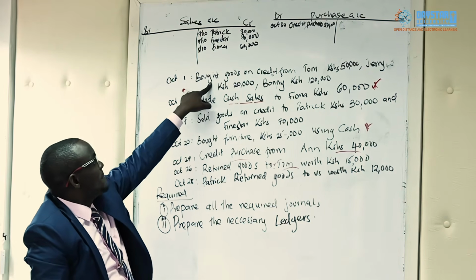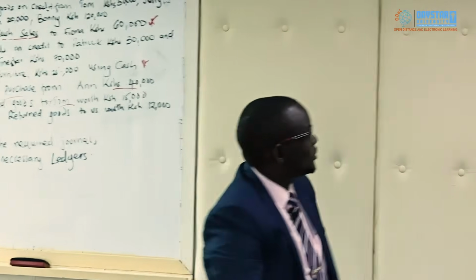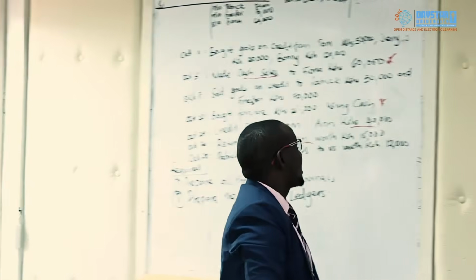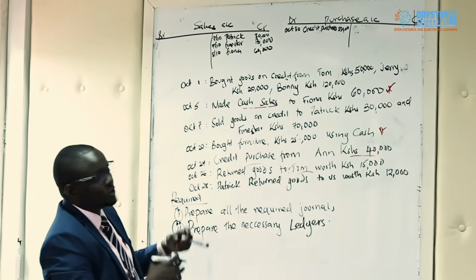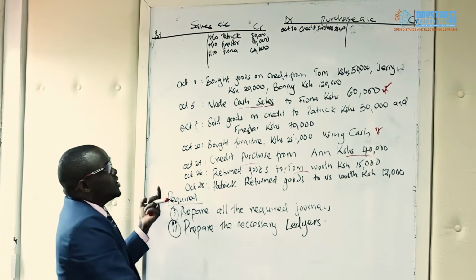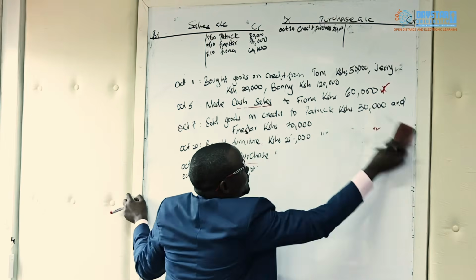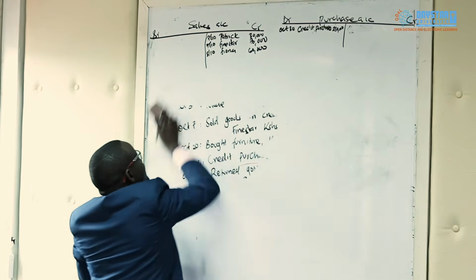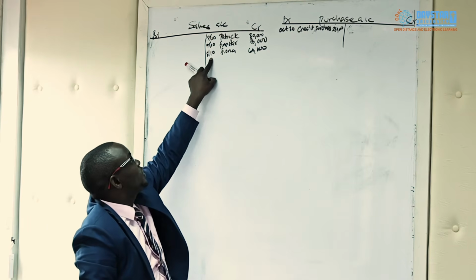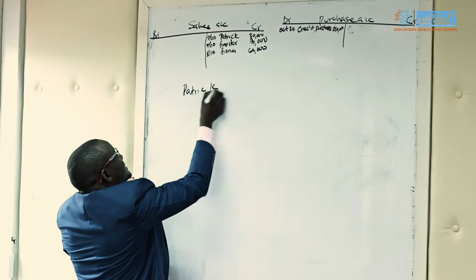For these ones, for Bonnie, I can copy them again from the purchase journal. If I was to copy that, we have them here. We can copy them again. However, because you have done ledgers, I just wanted to show you how to do the double entry for that. I can rub all this. So now, after you have copied like this, you would come and now open an account for Patrick.